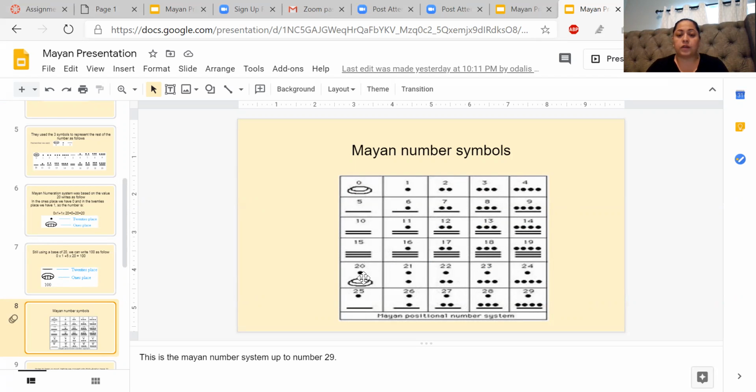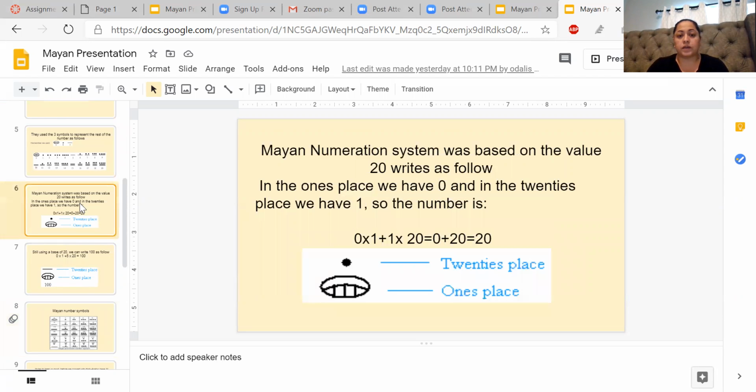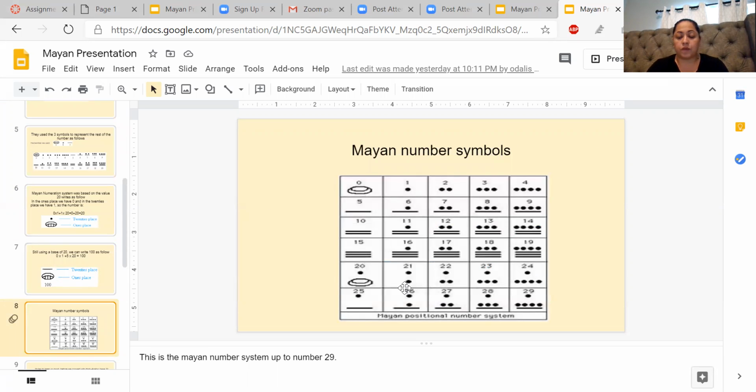But once we get to the number 20, in the 1s place we have a 0, and in the 20s place we have a 1. For example, in the number 21, a dot represents 20, and then a 1 represents 1.